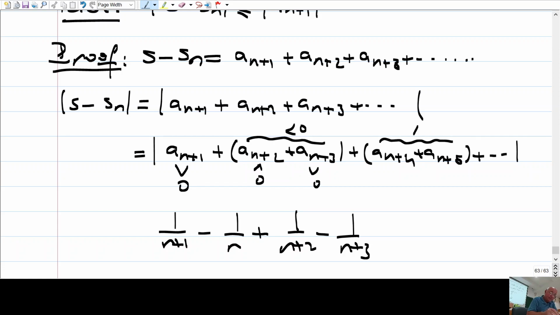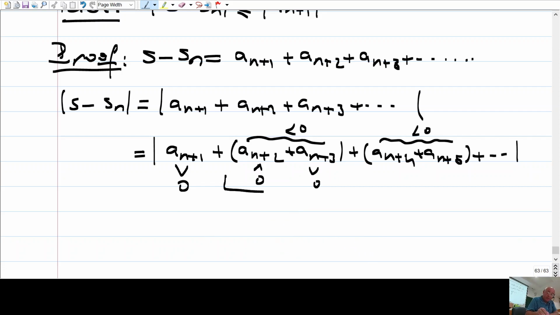Similarly, this is a negative number, and actually all of them are negative numbers. So this whole thing is a negative number. The first one is a positive number.